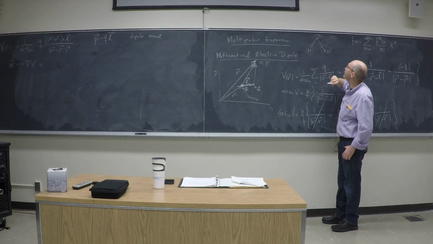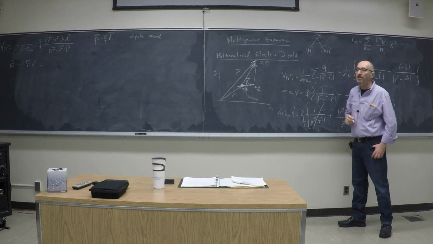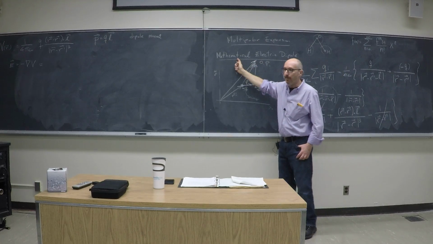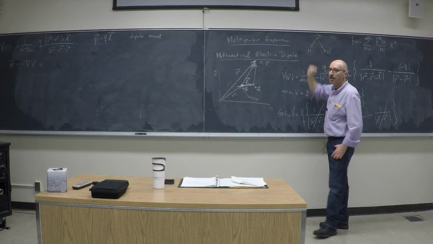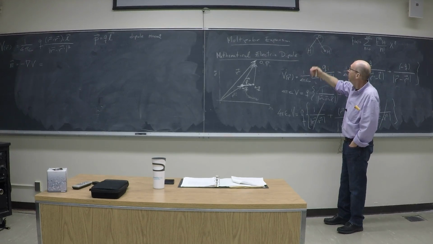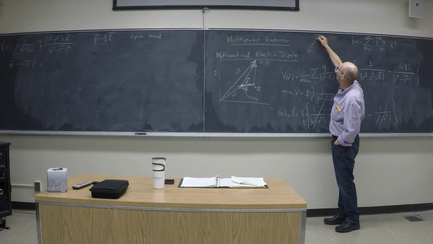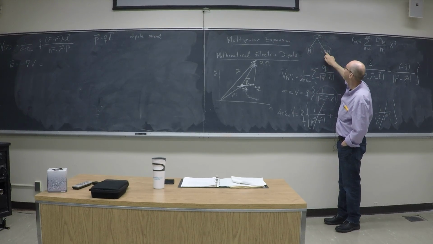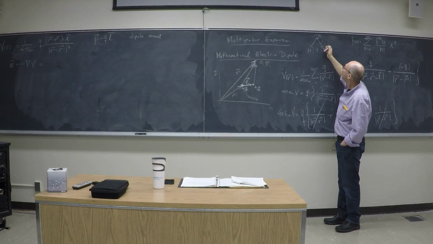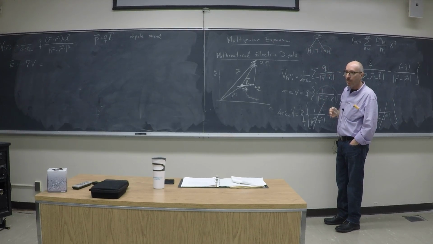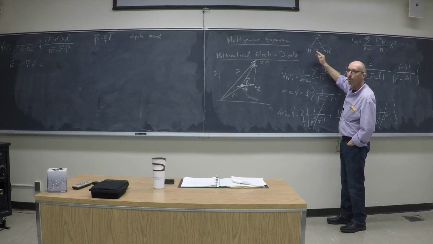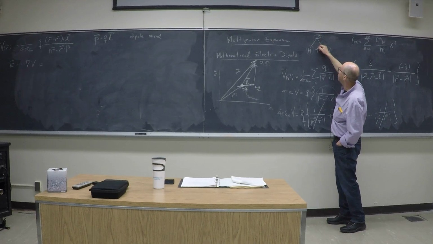This is a very nice example for another reason, because it is not really the type of dipole that we studied before. It's not a mathematical dipole, because there are three charges here, not two. But you can argue, and you can prove, that the negative center will be somewhere in here, and the positive center is going to be somewhere in here. You can see that intuitively. Once we study the full multipolar expansion, it can be shown precisely. But for the time being, intuitively, you have a negative charge here and a positive charge here.